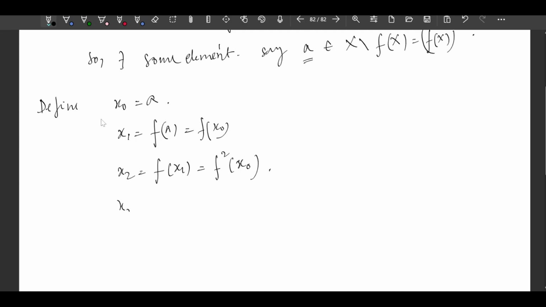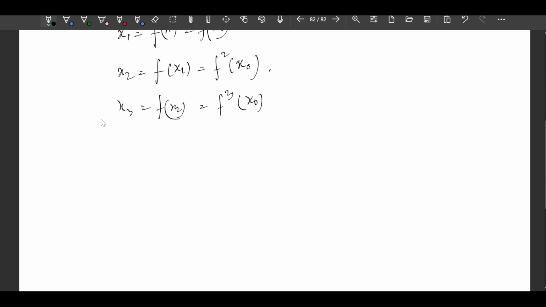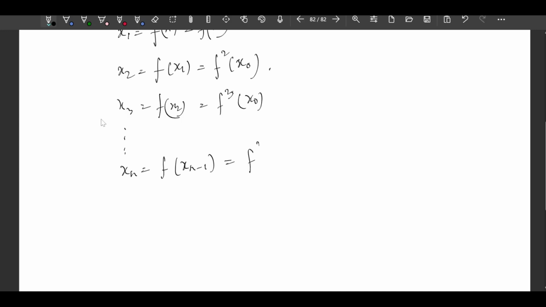Okay, now x3 is what? x3 is f of x2. I defined it like this, so it will be f cube of x0, right? So proceeding in a similar manner, what will be xn? It will be f of xn minus 1, that is equal to f to the power n of x naught, right?